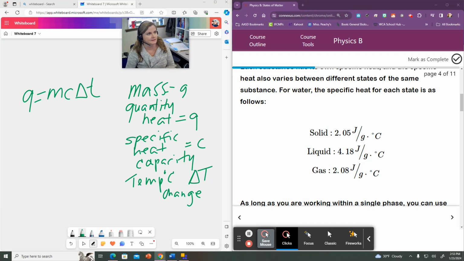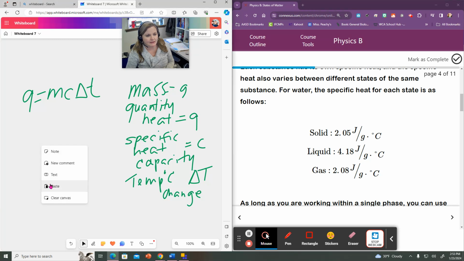Let me see if I can find something. I just want to get you a nice little specific heat capacity. Because, I mean, you can find a bunch of them. I just Googled specific heat capacity table or chart, something like that. Well, here's one example. It doesn't have water on it, but it'll kind of give you an idea.